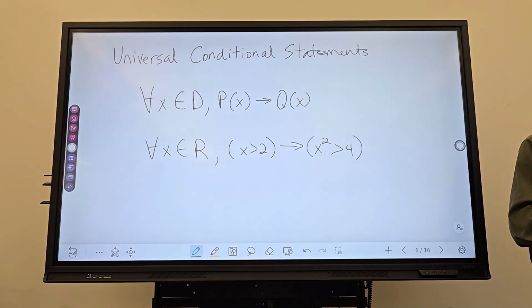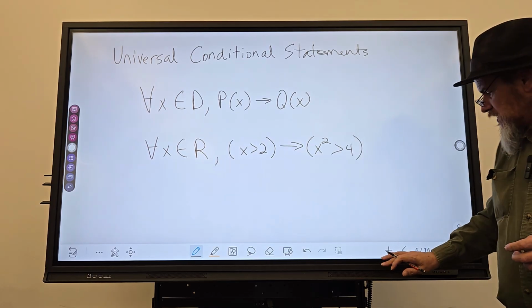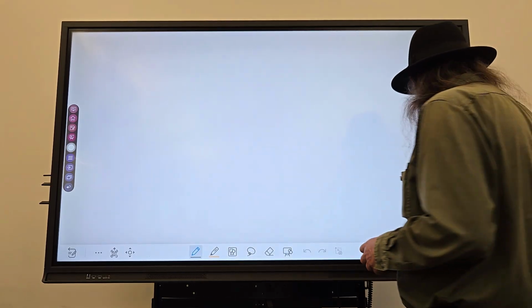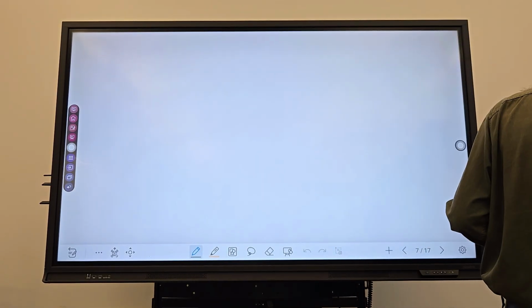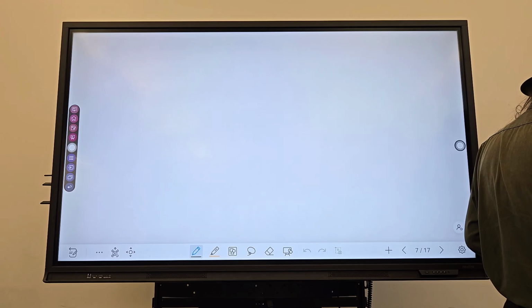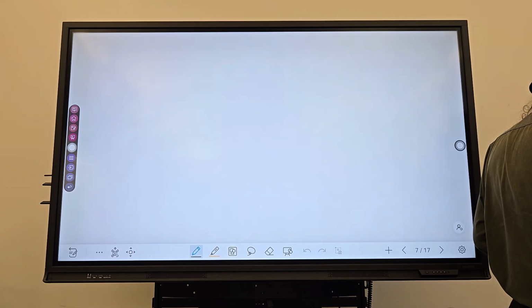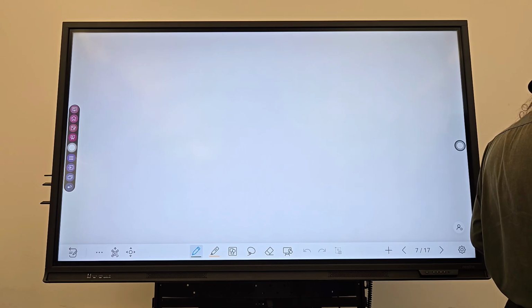Now, there are equivalent forms of universal and existential statements. Take the two statements: for all real numbers x, if x is an integer, then x is rational. And for all integers x, x is rational.